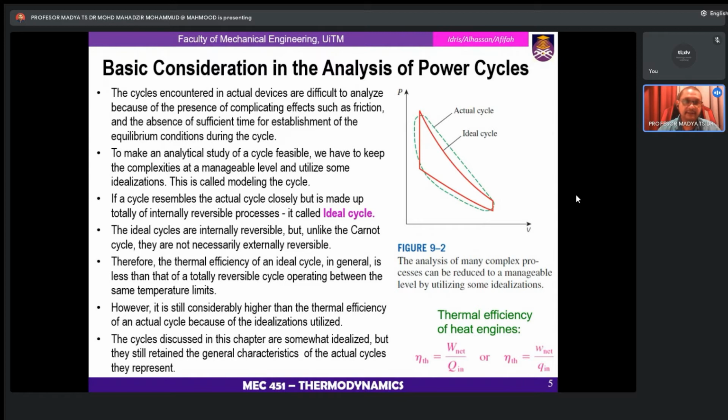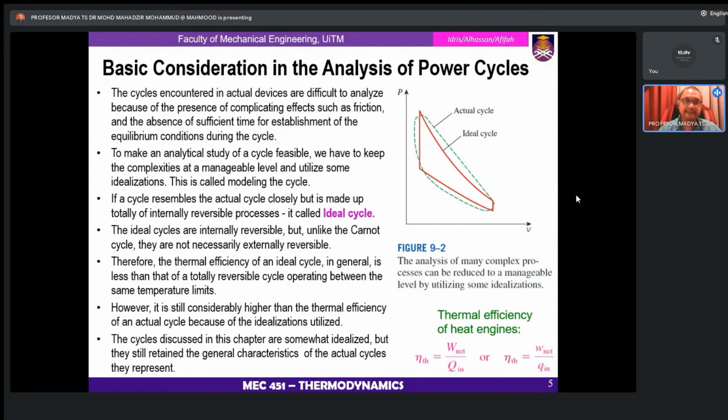What it means is that the cycles encountered in actual devices are difficult to analyze, because of the presence of complicating effects such as friction, and the absence of sufficient time for establishment of the equilibrium condition during the cycle.